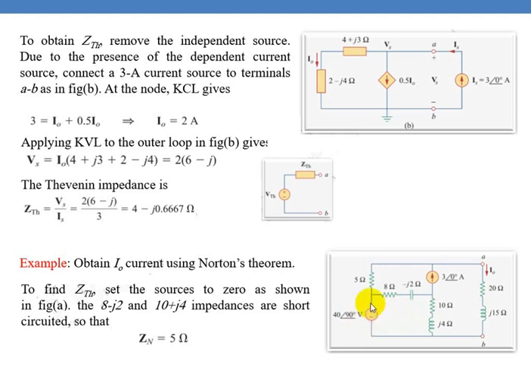If you have a current source, you create an open circuit, remove it. So to find ZTH, which will be equal to Zn, you remove this voltage source and create a short circuit, remove this current source, and remove this impedance across terminals AB.